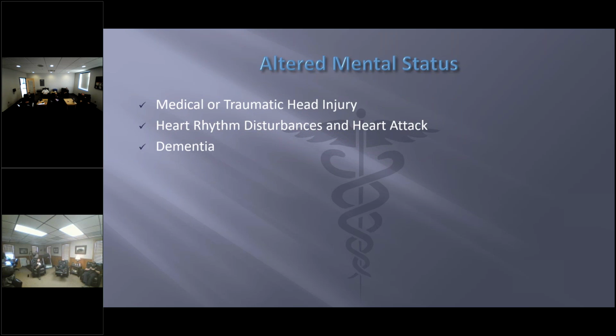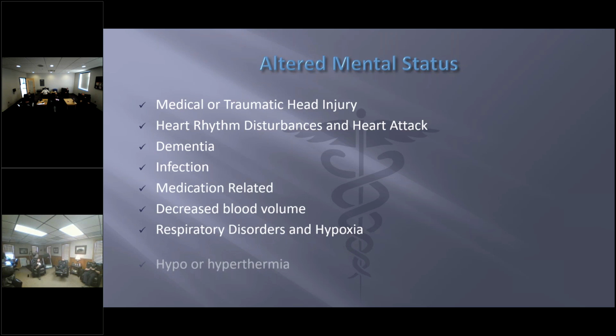Remember, dementia is a blanket term which covers a lot of different other altered mental status, whether it's Alzheimer's or other disease processes that interfere with the brain function of the patient. Infection, UTIs, medication-related, decreased blood volume, hypoxia, hyperthermia, and then of course our blood sugar values as far as our diabetic patients go.